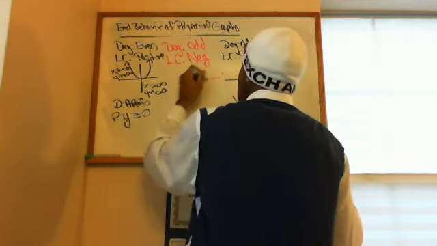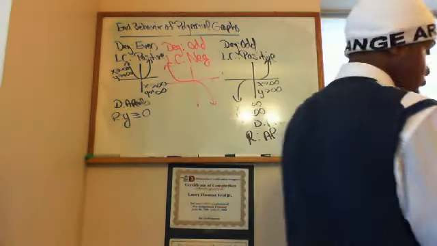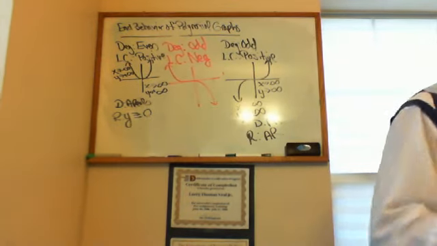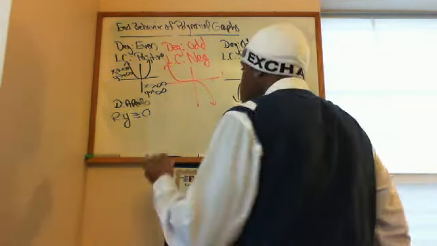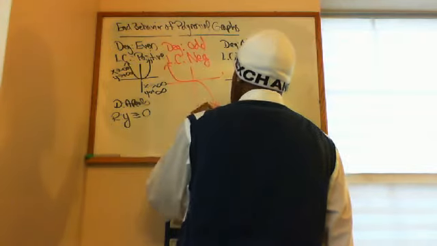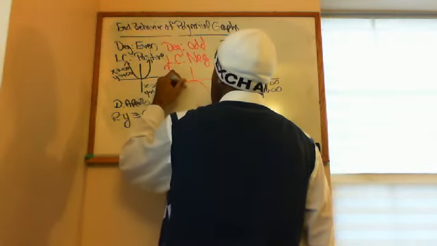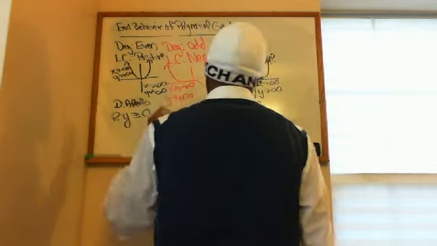Your graph is now going to look like the opposite direction, totally. As x approaches positive infinity, y goes to negative infinity. As x approaches negative infinity, y approaches positive infinity.